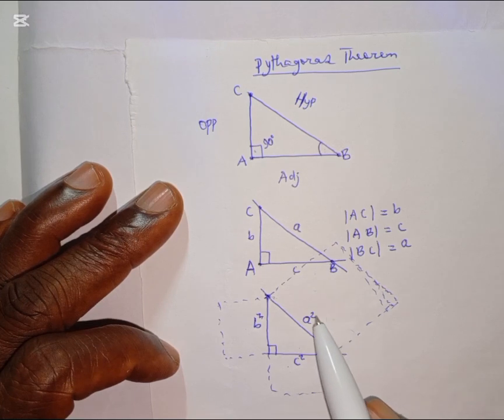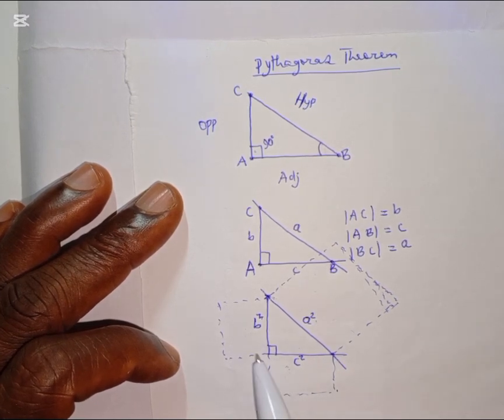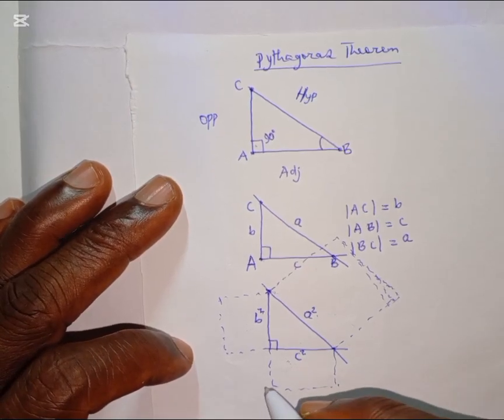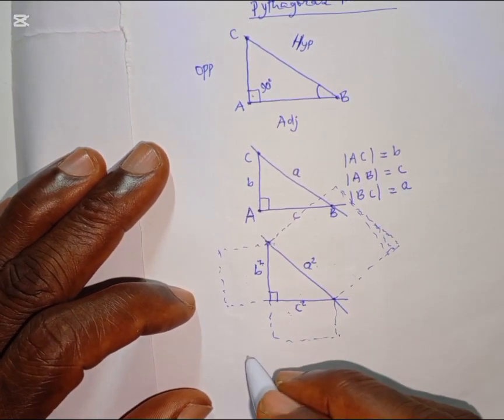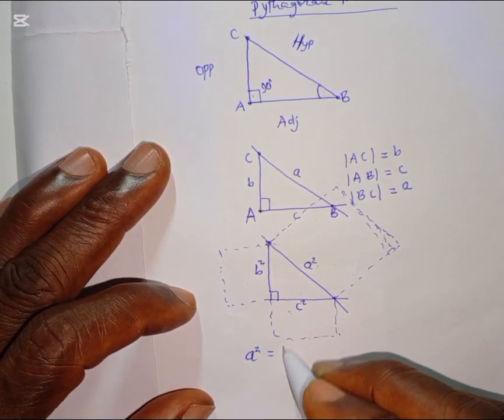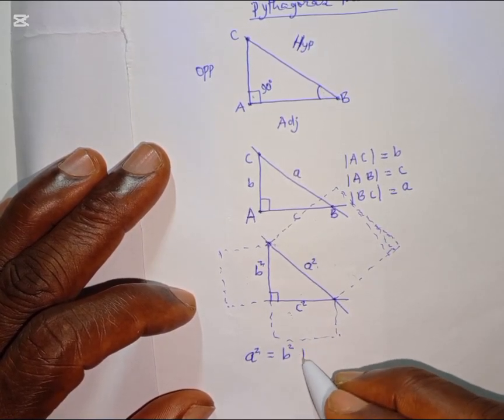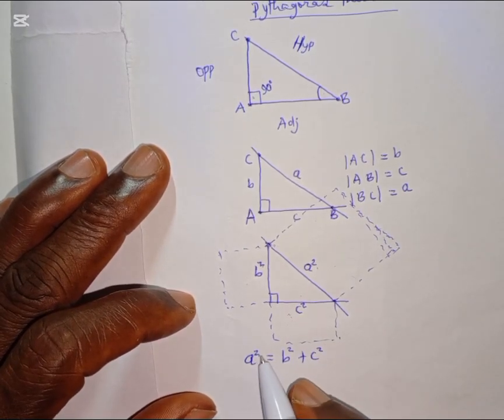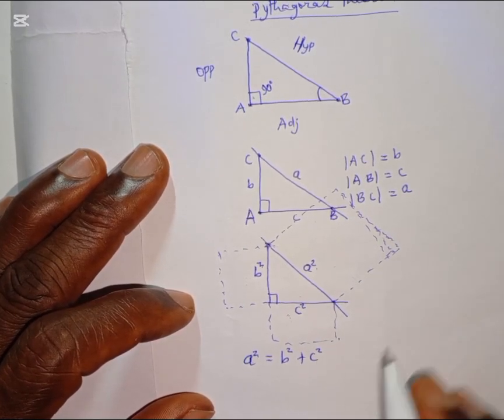The square on the hypotenuse side is equal to the sum of the squares on the other sides. So that is why we have a square is equal to b square plus c square.